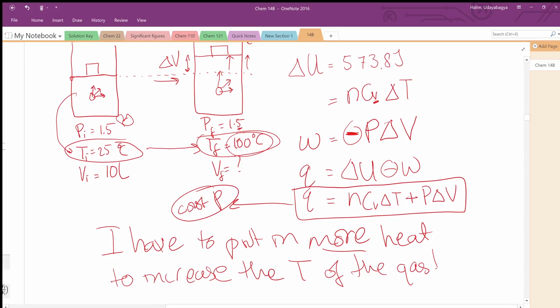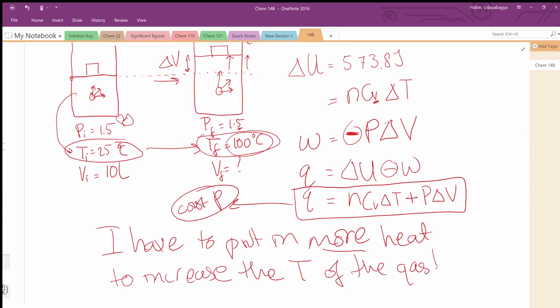Because not only do I have to make the molecules move faster, I also have to push against the container surface so it expands. So I have to put in more heat specifically compared to if my process occurs at a constant volume. So far so good?